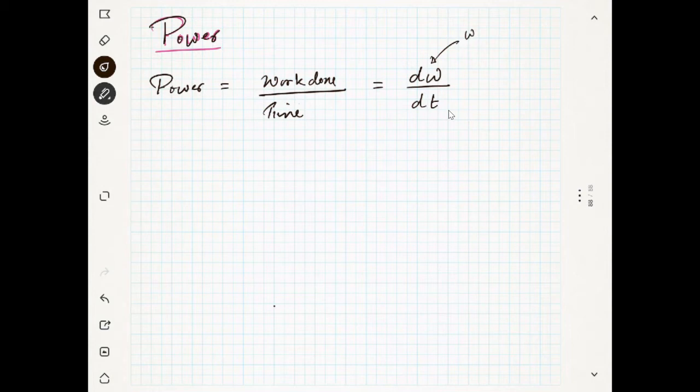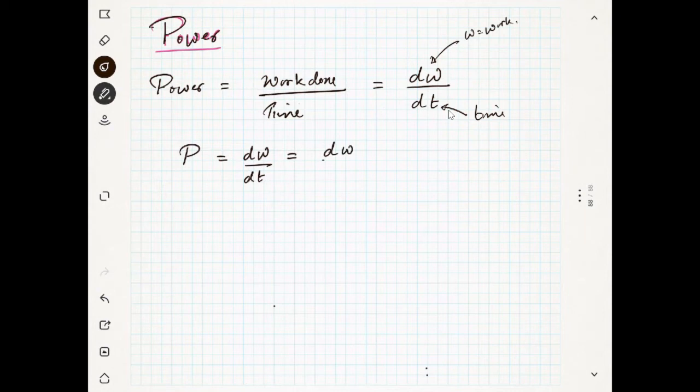This W is the work, and this is the time. Is it correct? So we can say that the power P is equal to dW over dt.